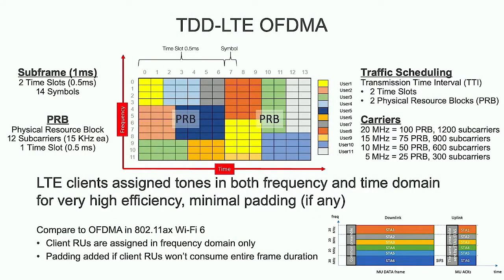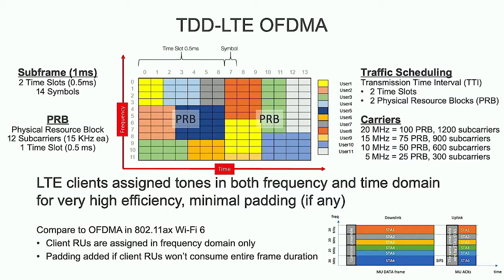Each of those little boxes there, is that the same time? I think it was called an element, right? So the question is, each of those little boxes for scheduling purposes, like a subcarrier and a symbol, is that called a tone or an element, or what is the terminology for that?